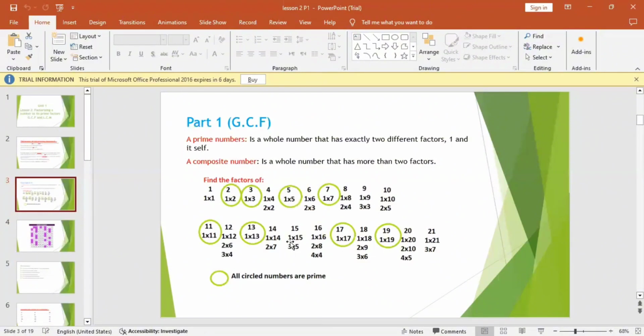Why? I can get it from 1 times 15 and 3 times 5. So it's not a prime. The same with 21. I can get it by multiplying 1 by 21 and 3 by 7. So all the prime numbers are odd except 2, but not all the odd numbers are prime numbers.